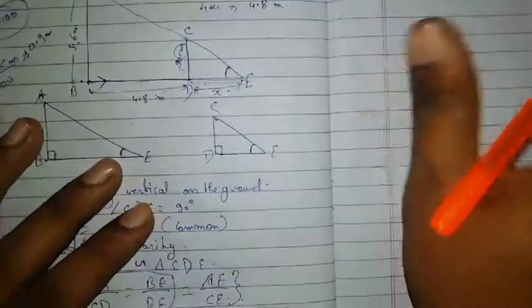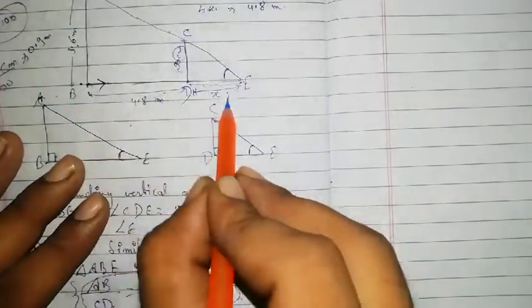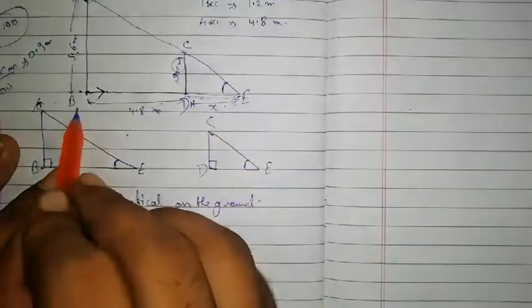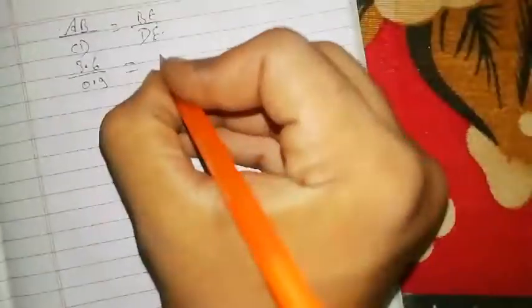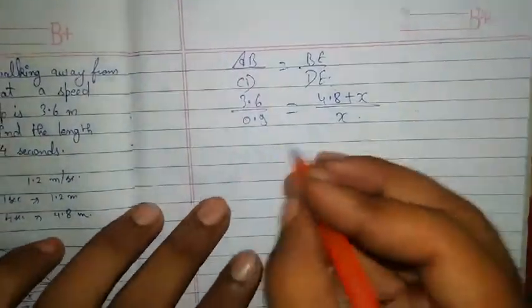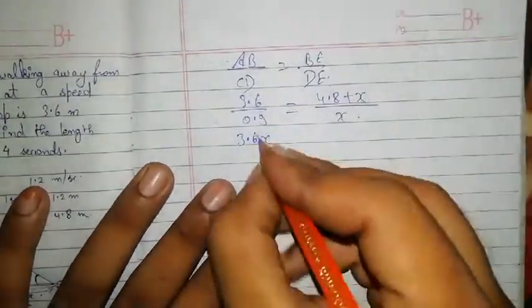So CD is 0.9 meter, means this is 3.6, this is 0.9, equal to BE. Look at BE. Where is BE? This is BE. So this is 4.8 and this is x, D to E. So we have 4.8 plus x. And DE is x. So by simplification we got the value that 3.6 over 0.9 is 4.8 plus x over x.